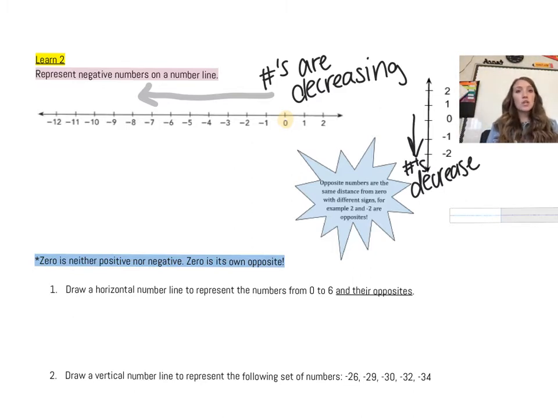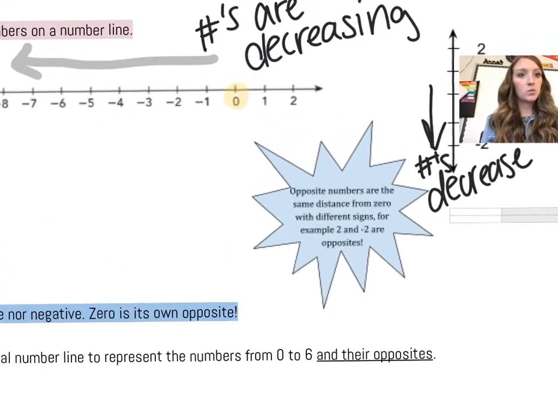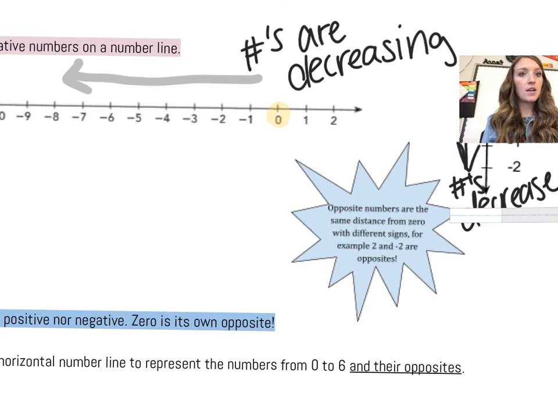So when I'm looking at numbers, let's look in that blue box here. Opposites is one of our other vocab words. Opposites are numbers that are the same distance from 0, but they have different signs.